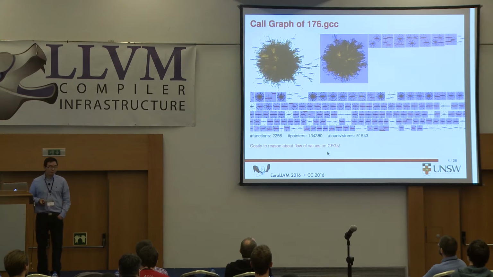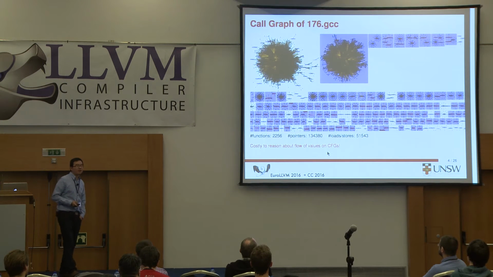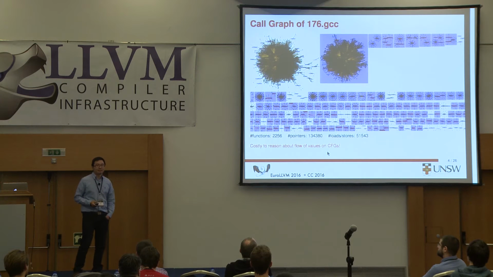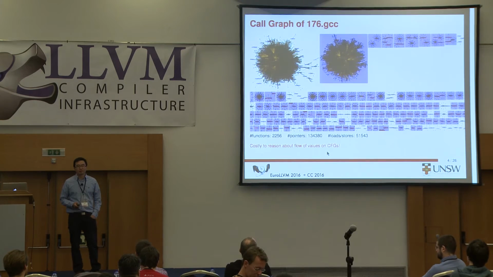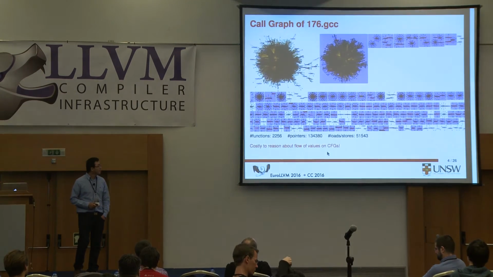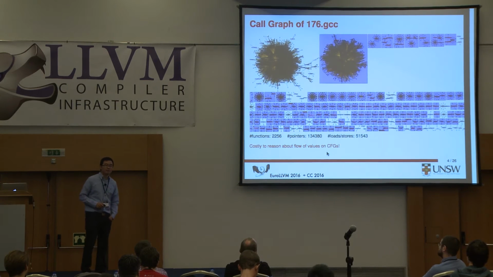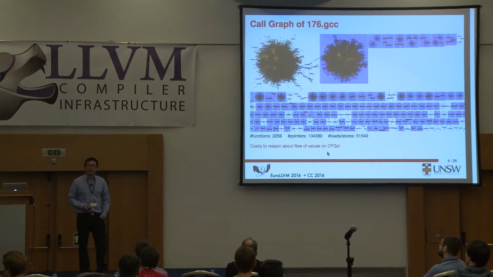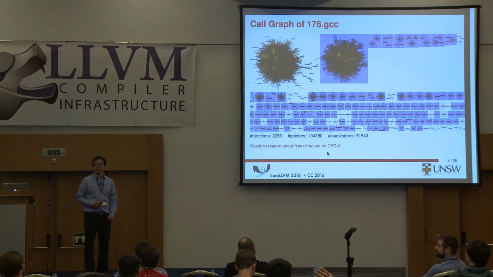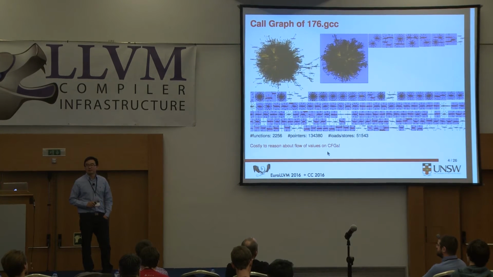For this larger program, it has not only complex control flow, but also very complex calling relations between different methods. This is a call graph of GCC. We break it down into several strongly connected components, where each rectangle inside is a strongly connected component.